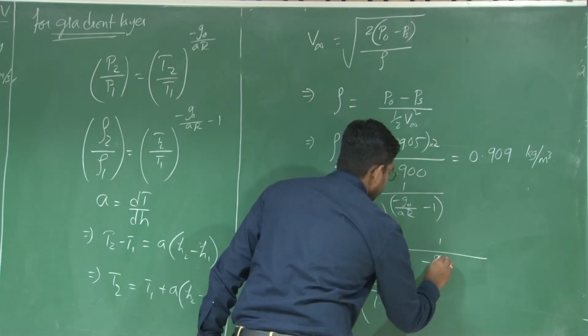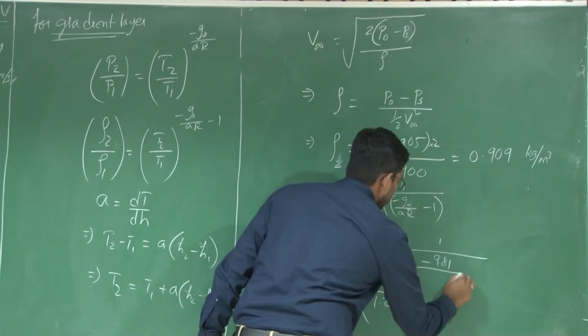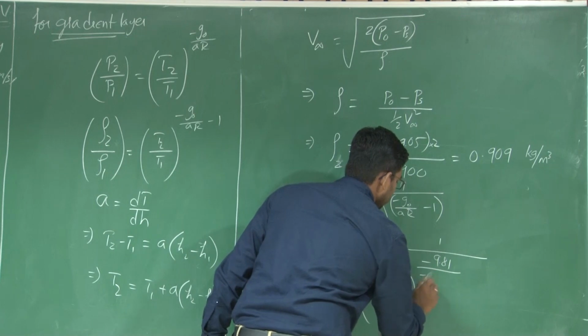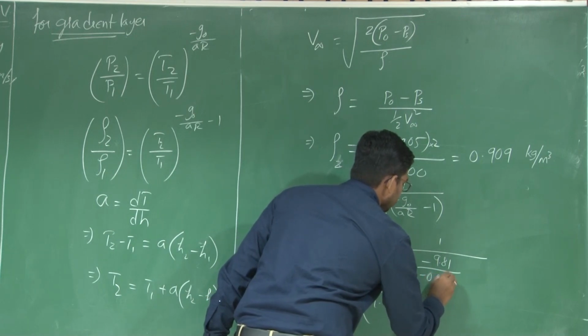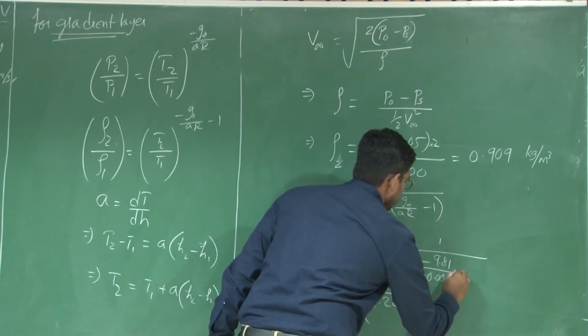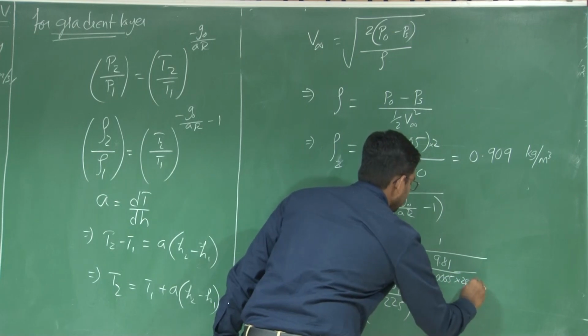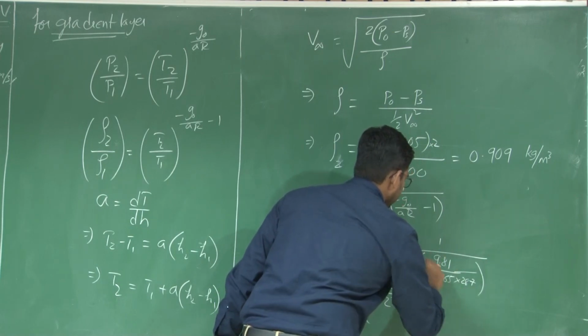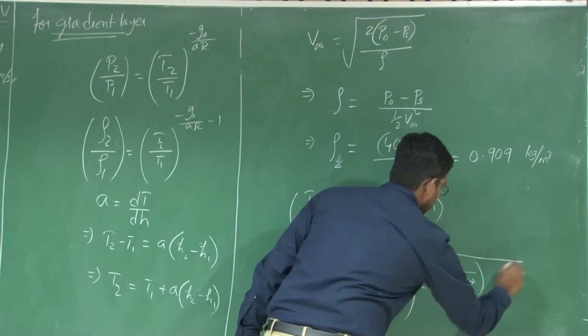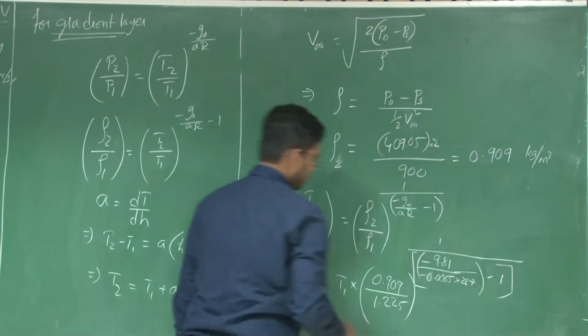Raised to the power of minus 9.81 divided by minus 0.0065 into 287, minus 1.